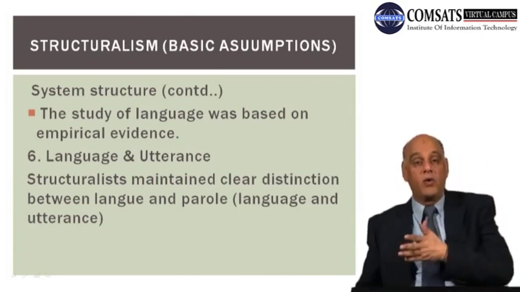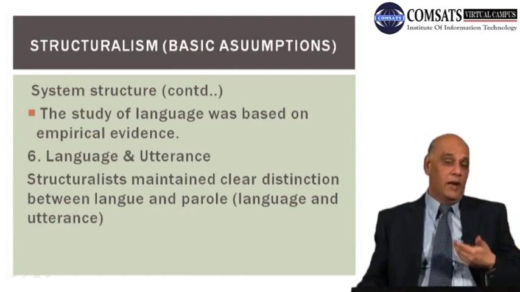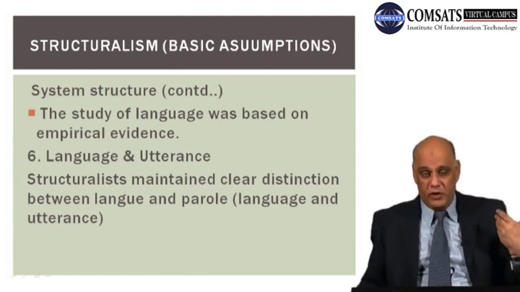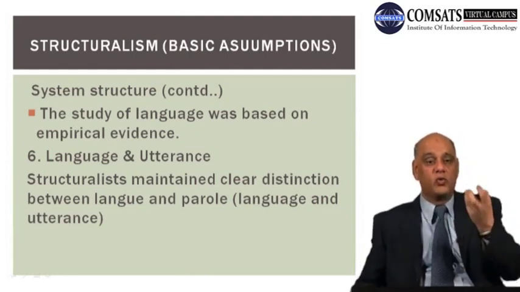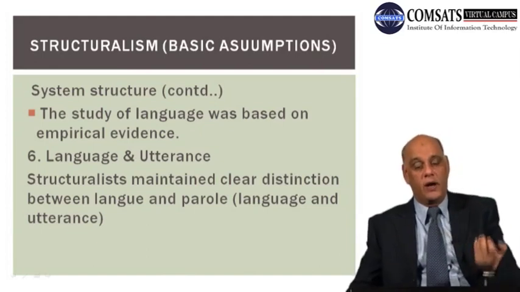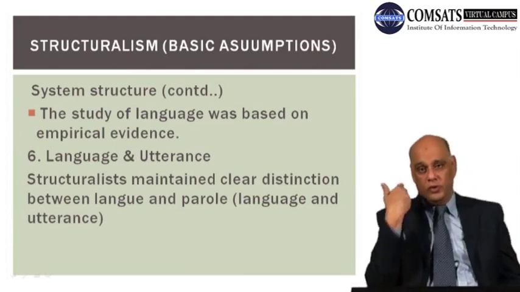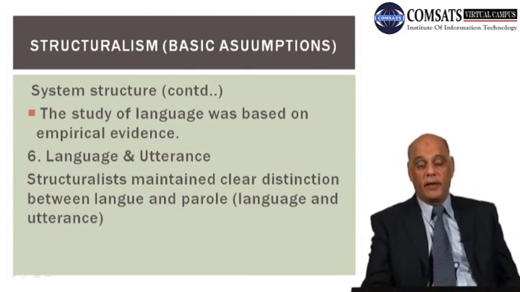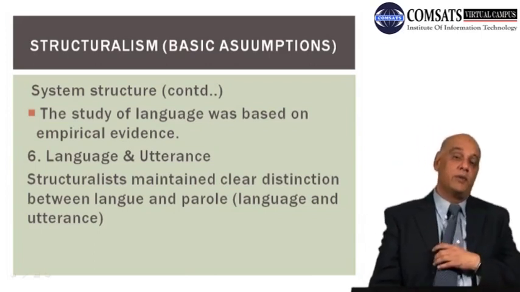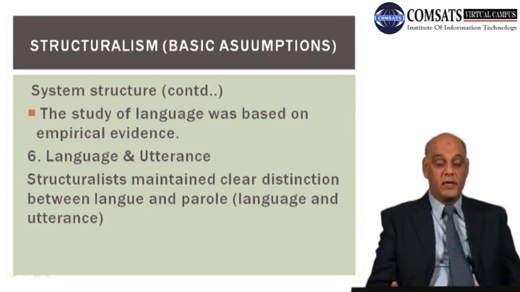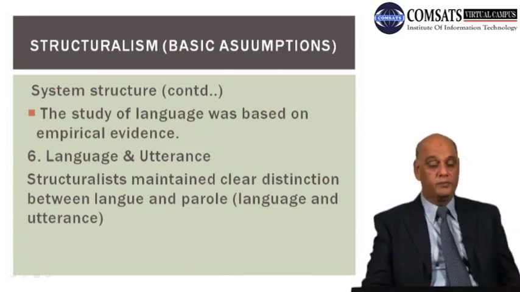What is at the background is the langue, as de Saussure called it, the set of rules of language, and how they are used in a proper way to give utterances. So they maintained a clear distinction between langue and parole, language and utterance. Language is something else and utterance is something else.